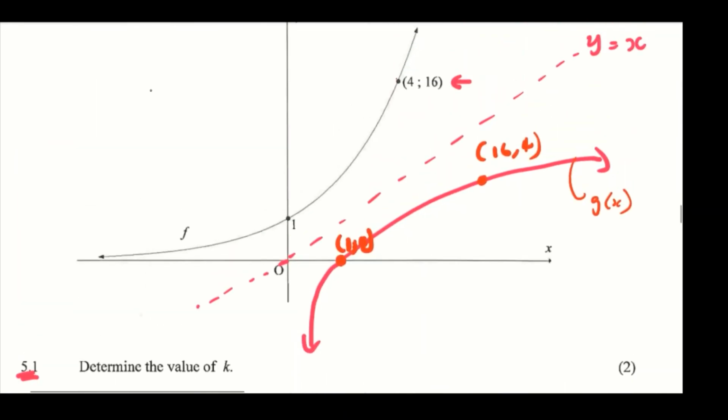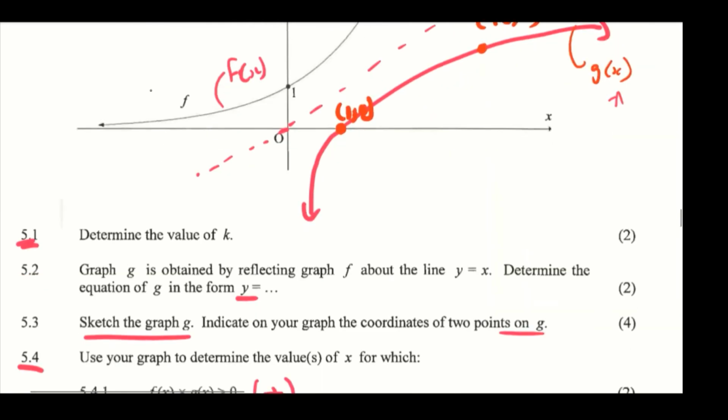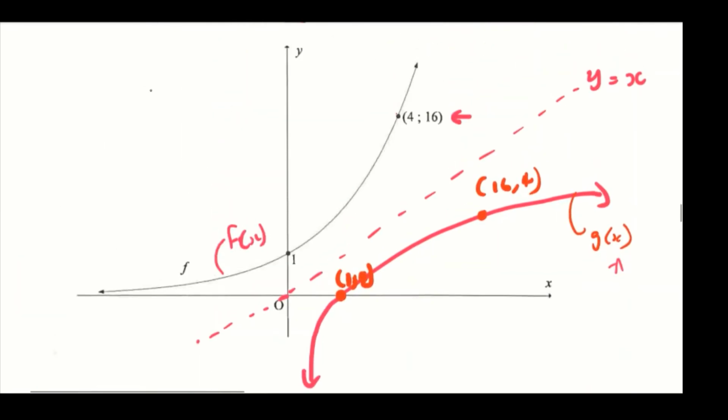You go back to your graph. So this is f of x, and this is g of x, right? So where in this graph do you multiply the y value with another y value and get a greater than 0 solution?